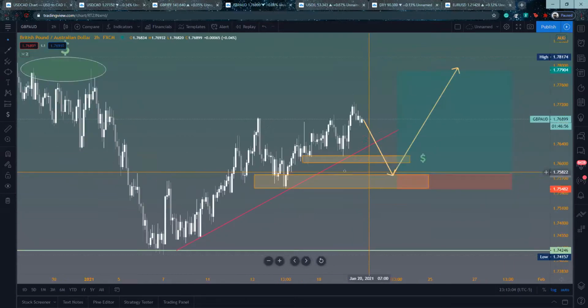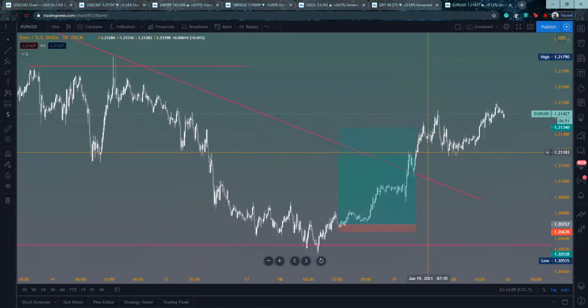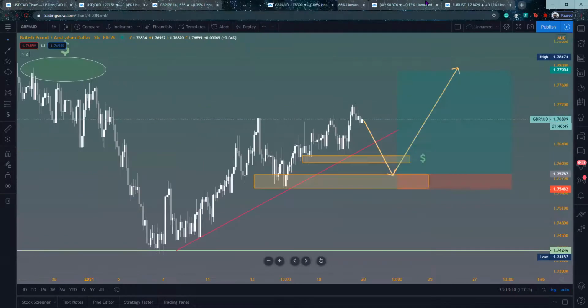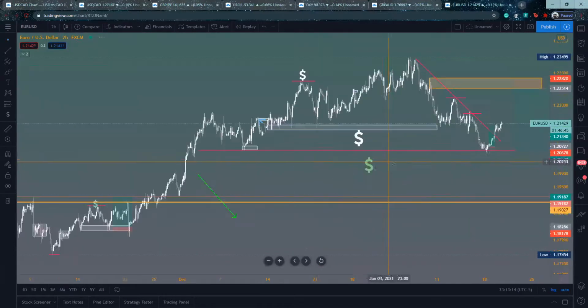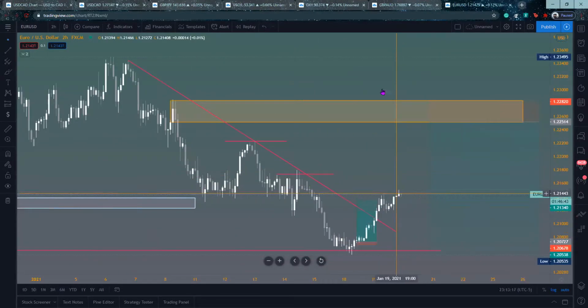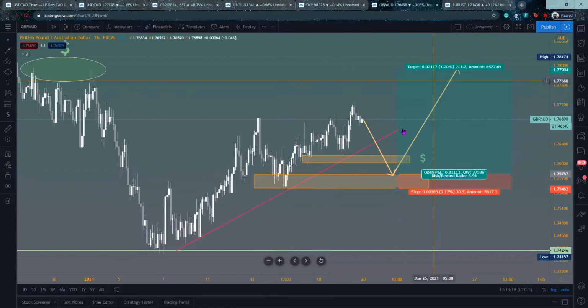If we measure this geometrically, and we look at EU on the same time frame, which is the 2 hour, a move this large would be at most 100 pips, but here it's almost 200 pips.